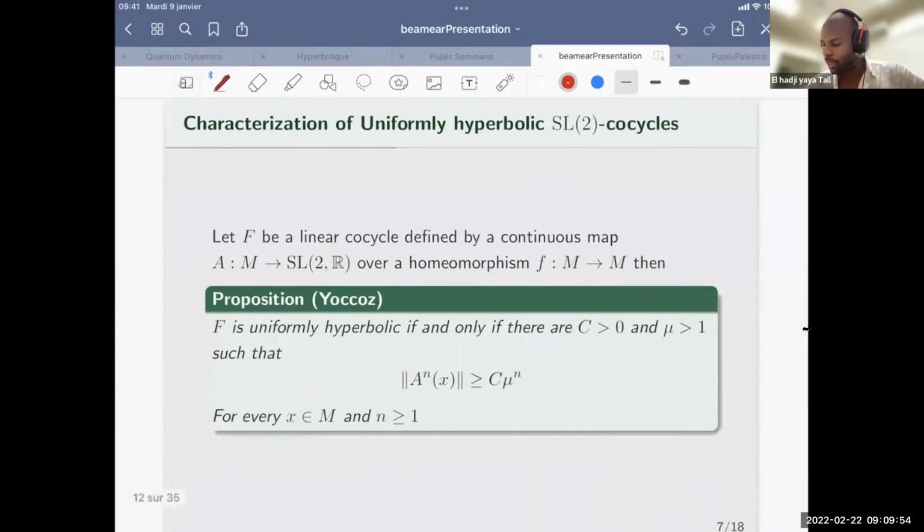If F is a linear cocycle defined by a continuous map A from M to SL2(R) over a homeomorphism, the cocycle is uniformly hyperbolic if the norm grows exponentially. So you just need to check that this is true for every x and n, and you can conclude that it is uniformly hyperbolic. All right.